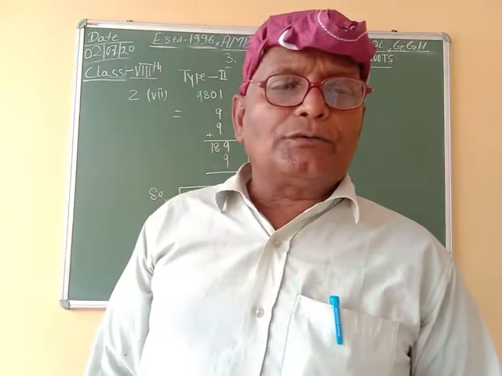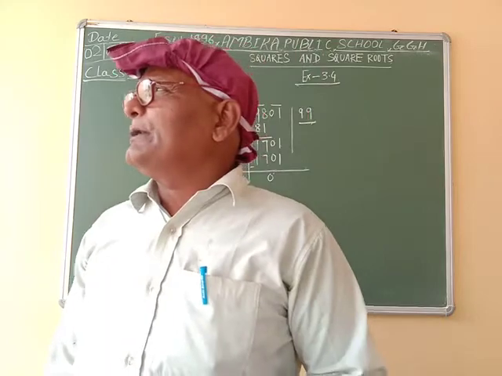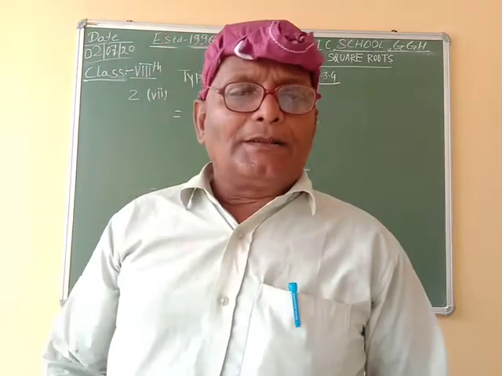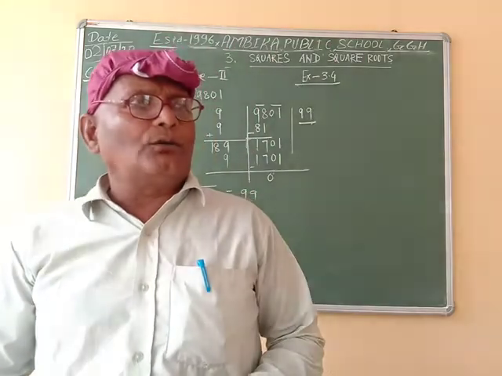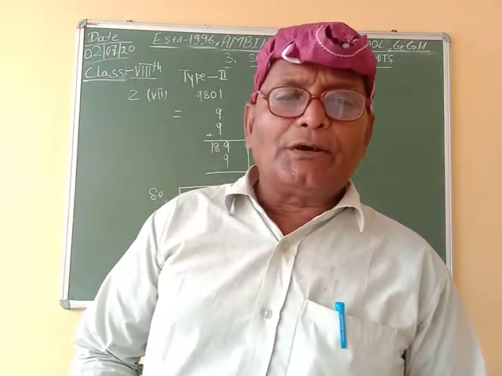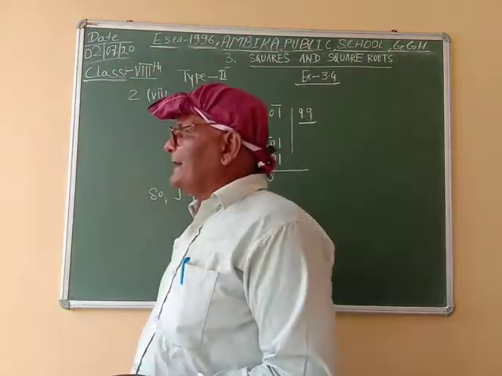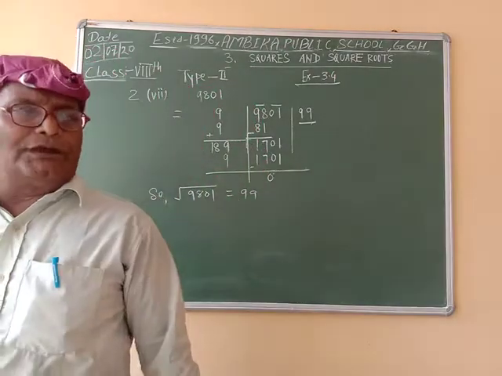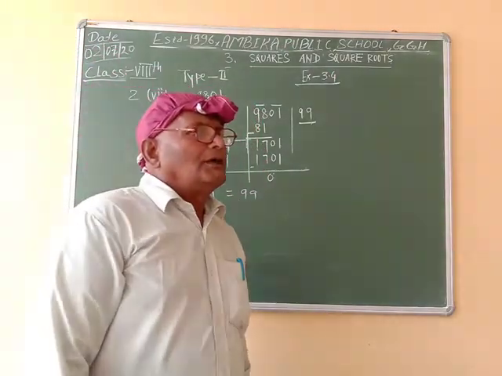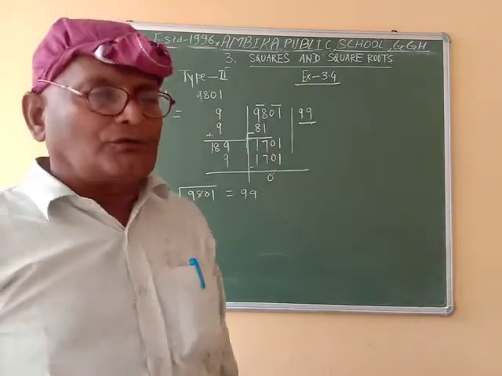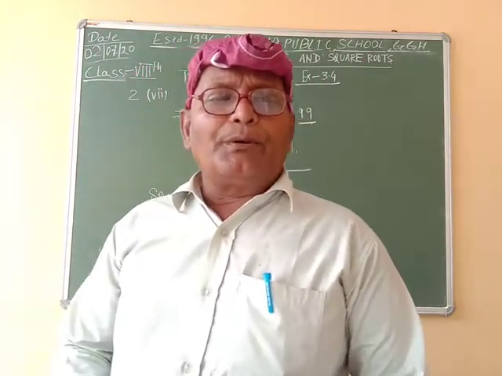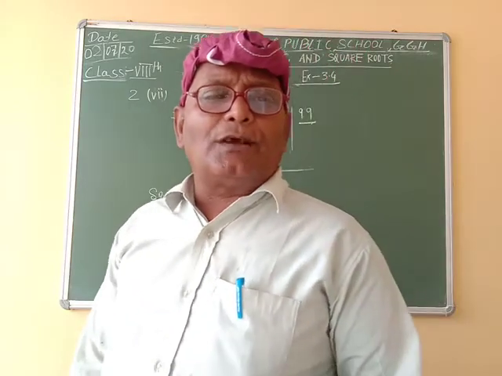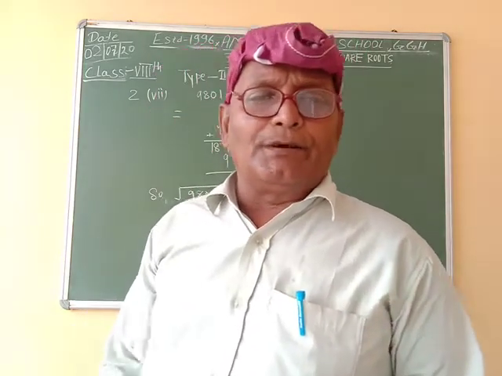If the number of digits in the given number is 3, which is odd, then the number of digits in the square root is equal to n plus 1 by 2 is equal to 3 plus 1 by 2 is equal to 4 by 2 is equal to 2. So without calculation, we can find the number of digits in the square root of each of the following numbers.